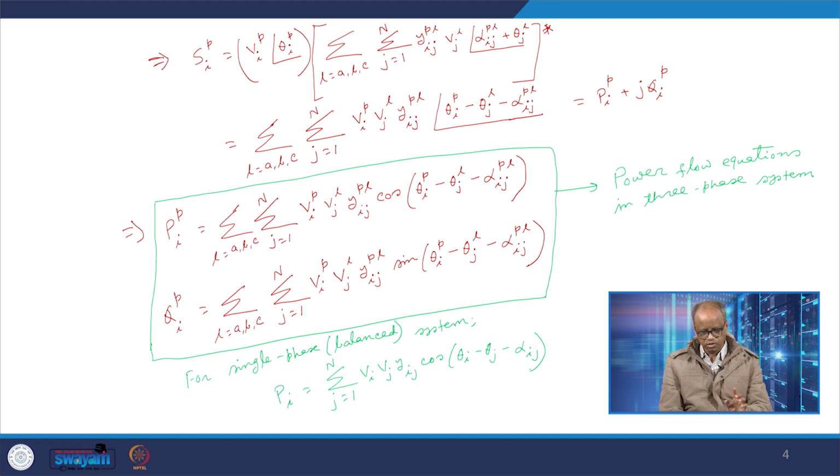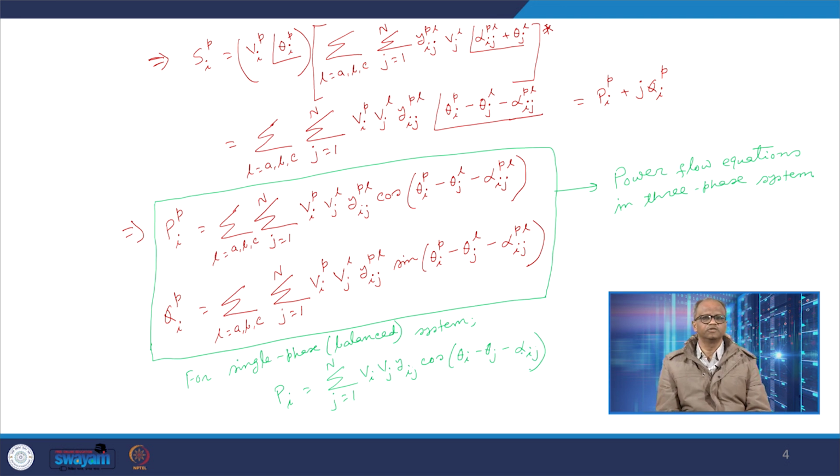And what do they mean? We have already discussed that in some earlier class. Then we have cosine of theta i; in the case of three phase it is theta IP, bus i phase P, minus theta j, which in the case of three phase is theta JL, and then minus alpha ij.